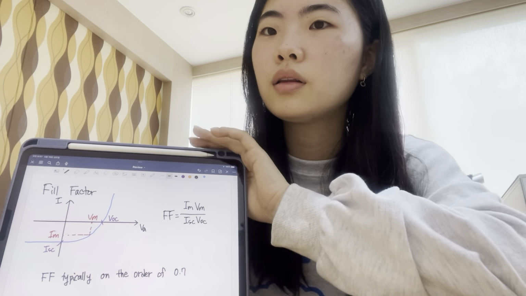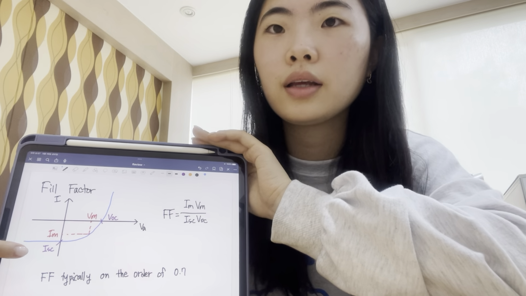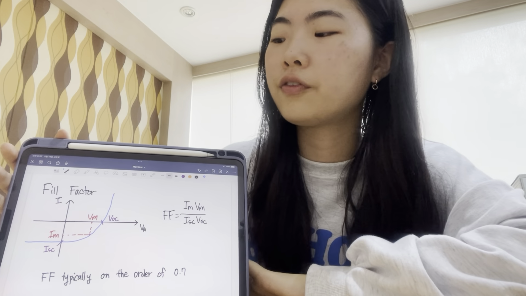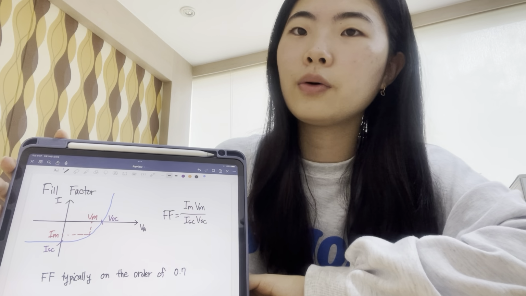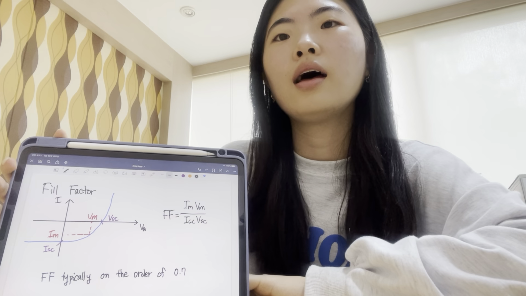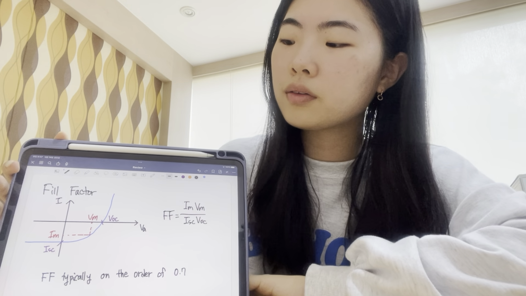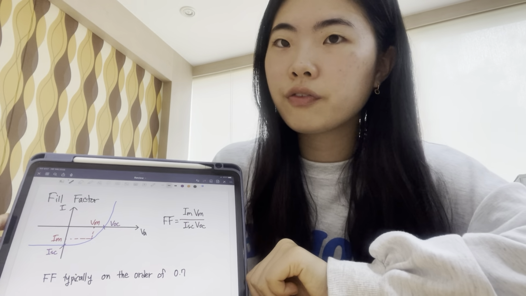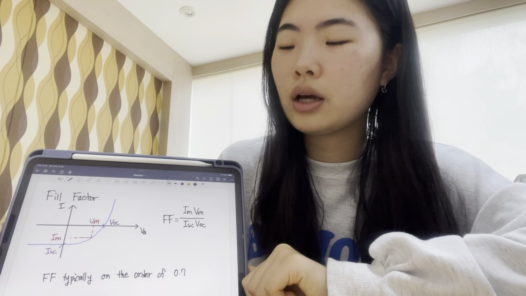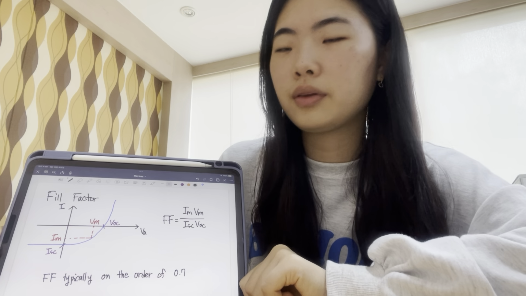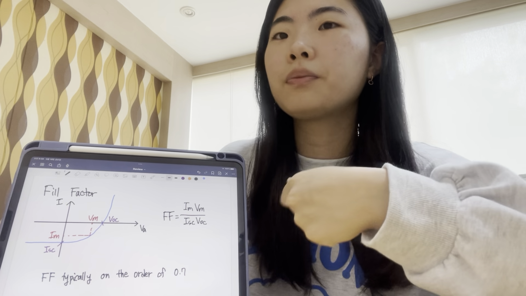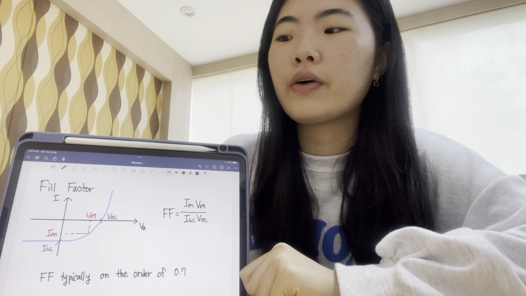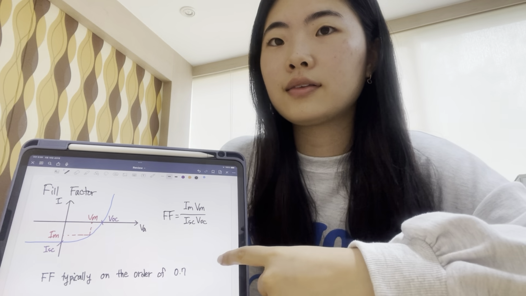Because short circuit current multiplied by VOC means the ideal fill factor, it cannot exist in the real world. So actually the fill factor is typically on the order of 0.7. So actually we can obtain a fill factor like 0.7.